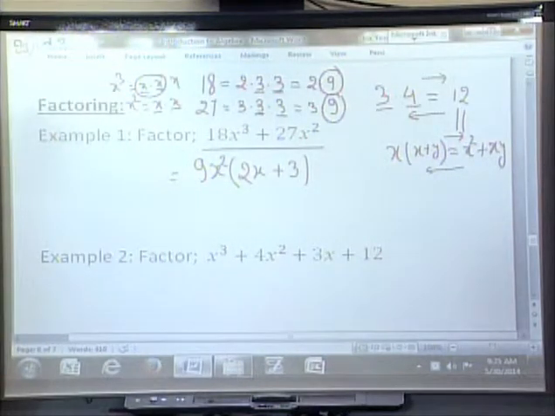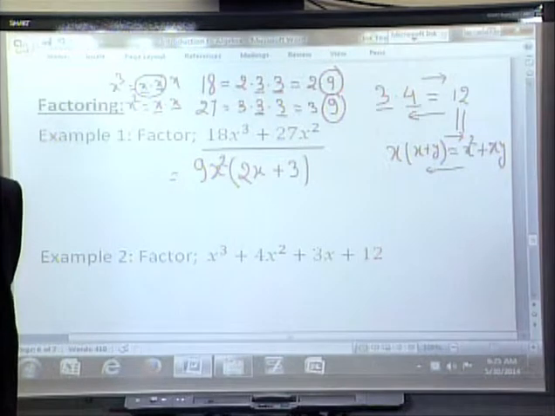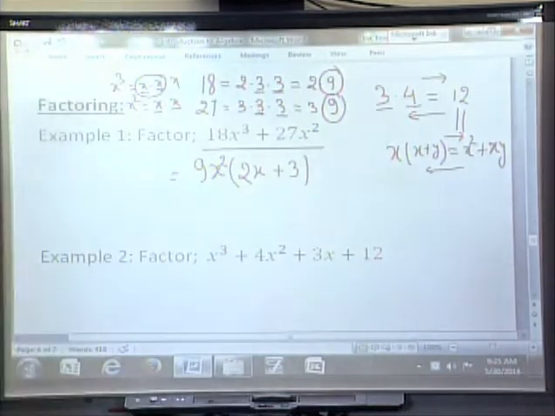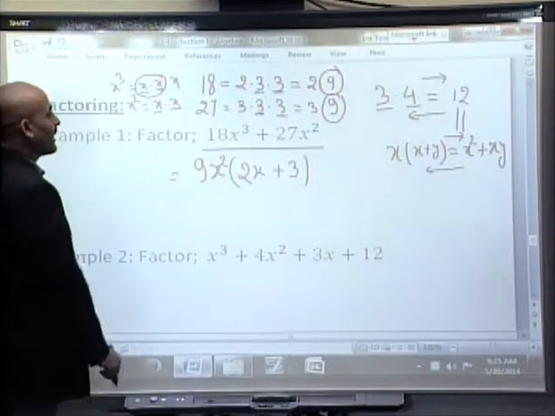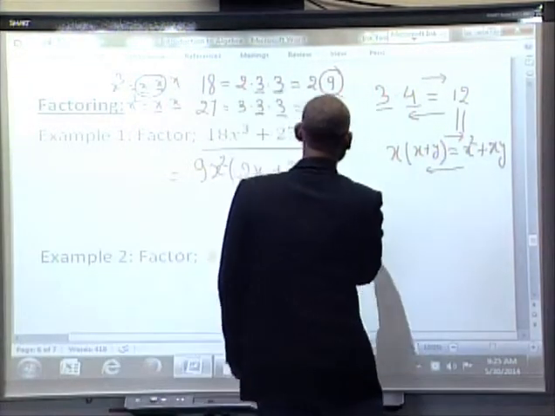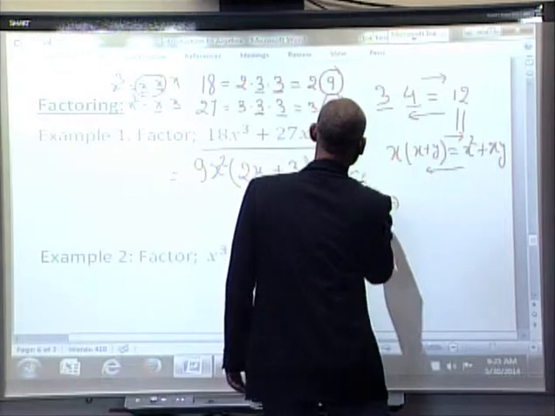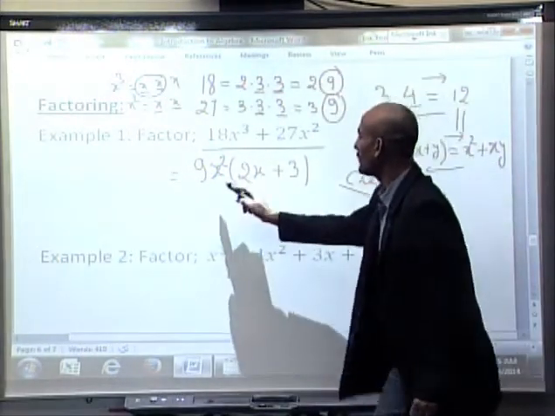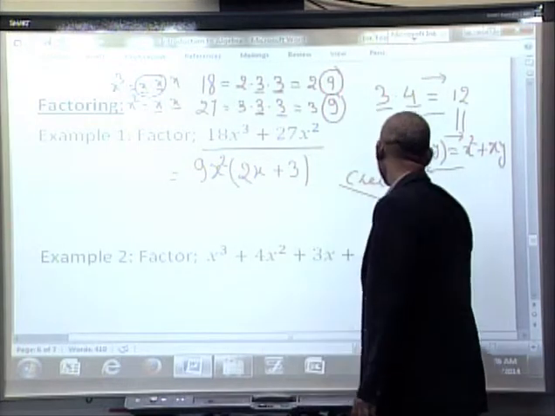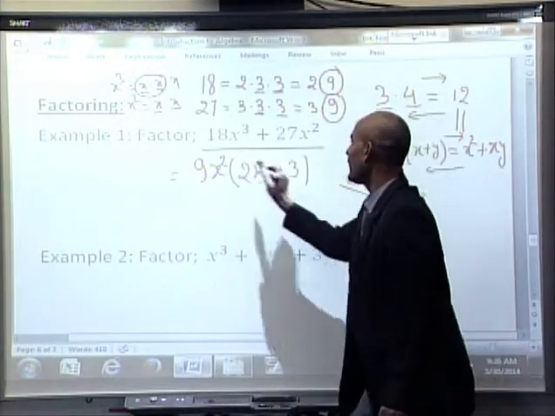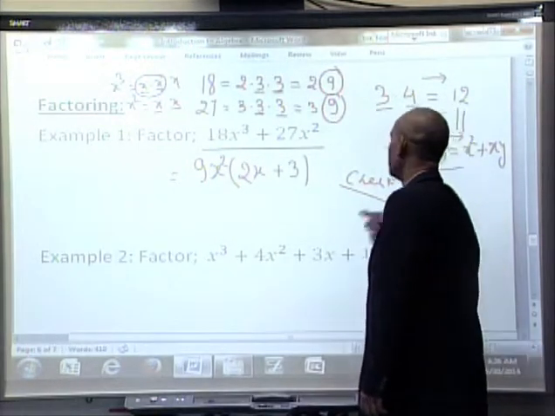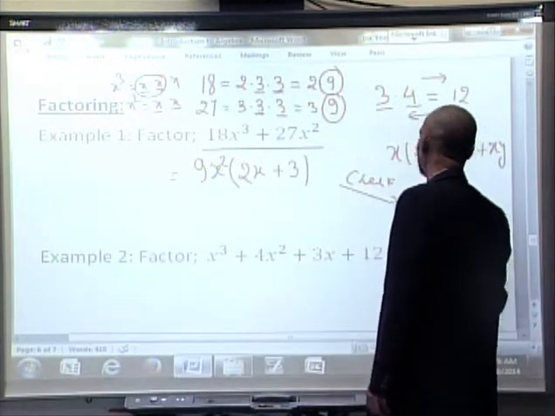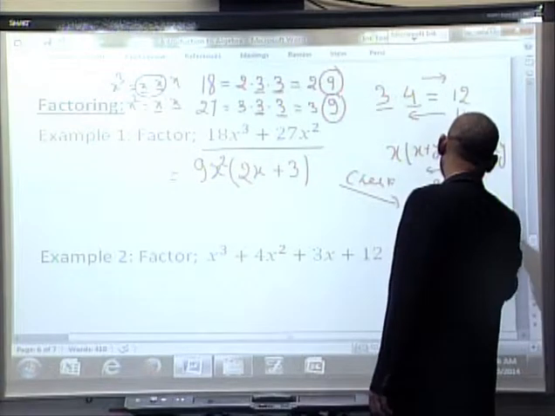When we factor something, it is always good to check whether our work is correct or not. In order to check, just multiply it out. Let's do the multiplication. 9 times 2 is 18, x squared times x is x to the third, plus is plus, 9 times 3 is 27, x squared is x squared.